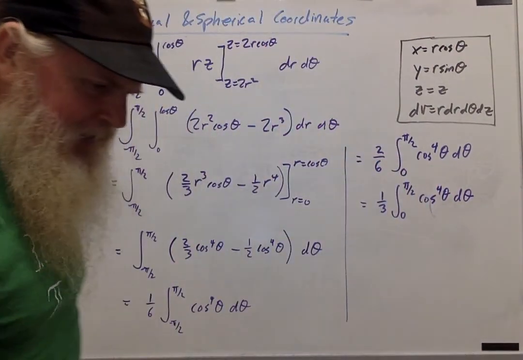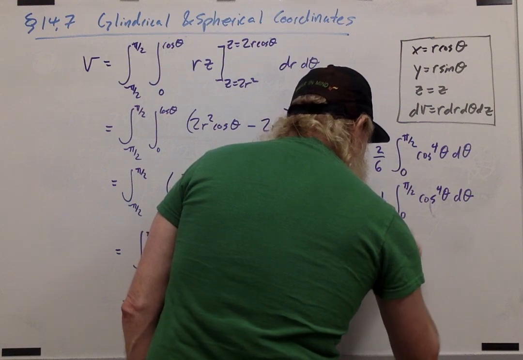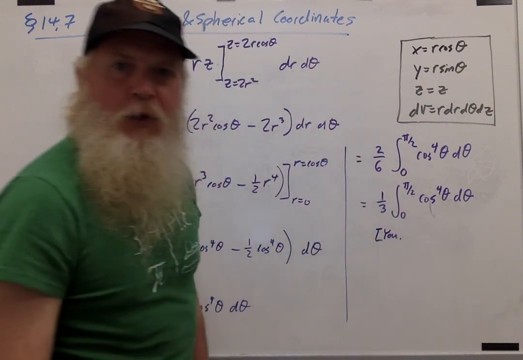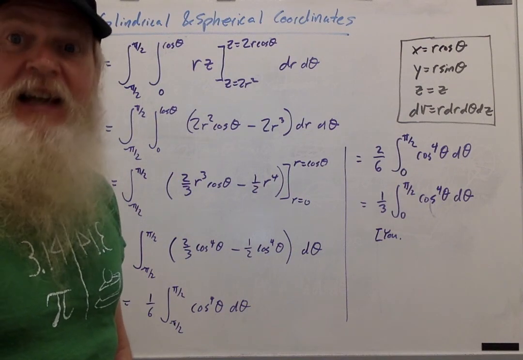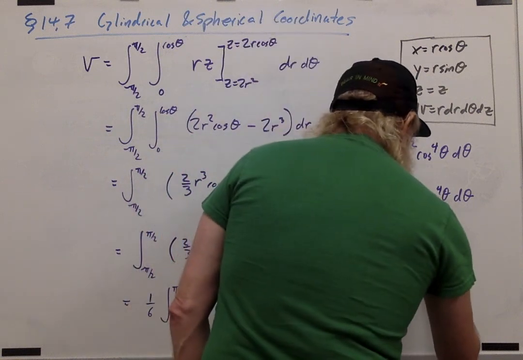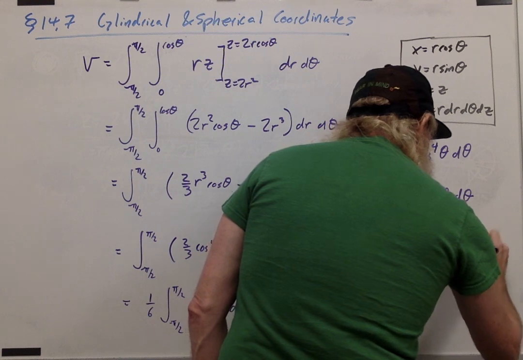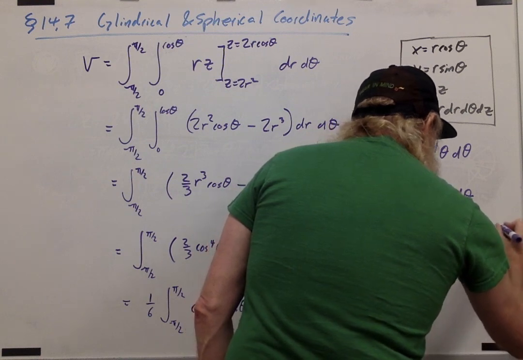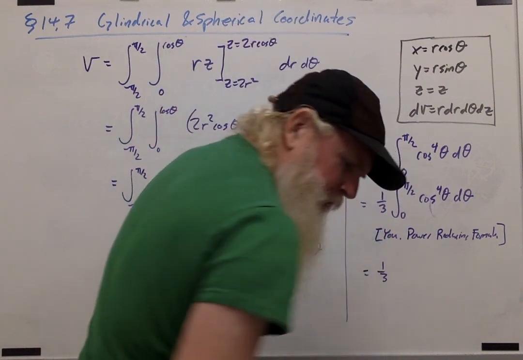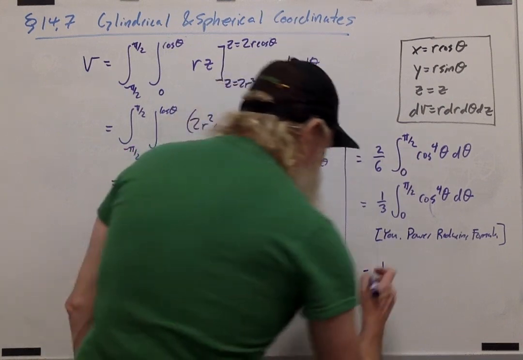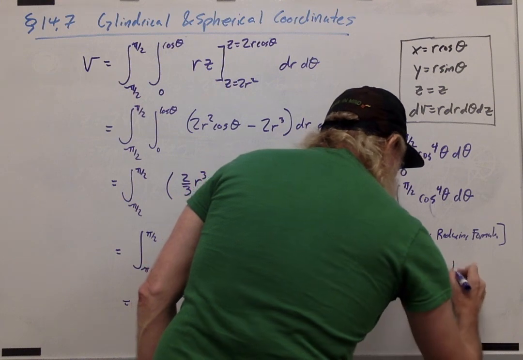And here I admit I am going to be lazy and let you guys do it. What you need to do next is use the power reducing formula for cosine twice. If you carry that out, you should end up with 1/3 of 3 pi over 16. So we get an answer of pi over 16.